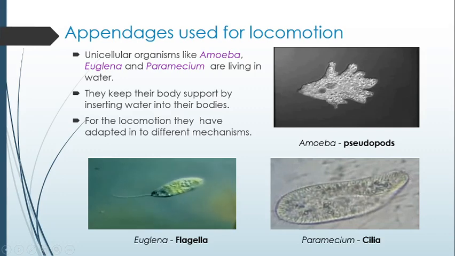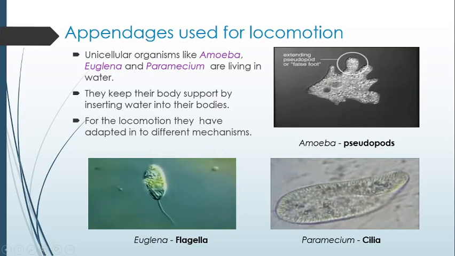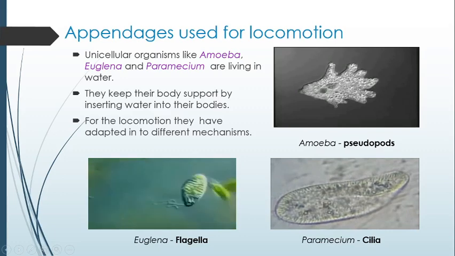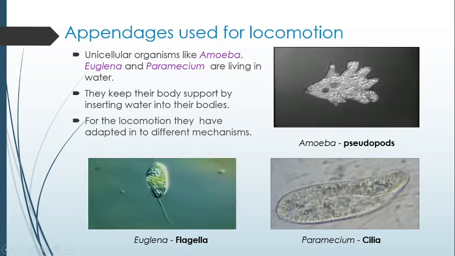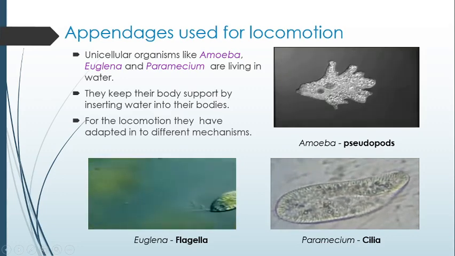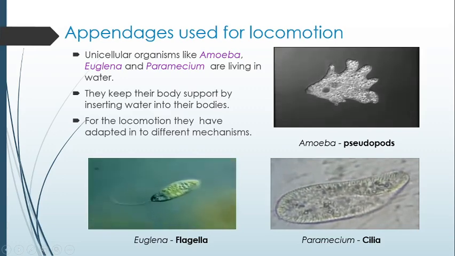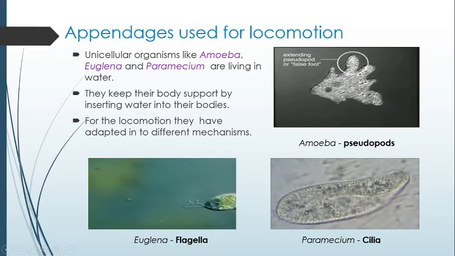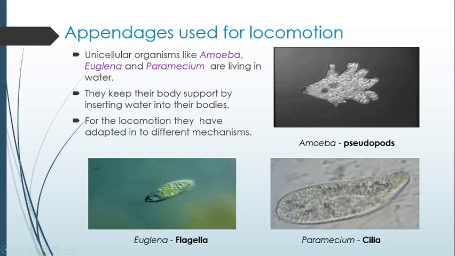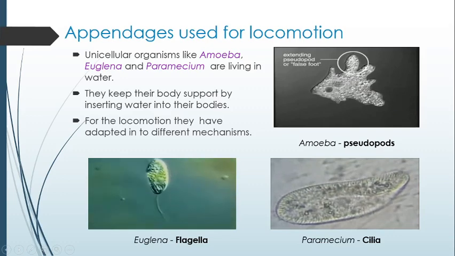Because their bodies possess only a single cell, they don't have any specific structures to maintain their body shape. For locomotion, these different types of microorganisms have various appendages and different mechanisms of locomotion.